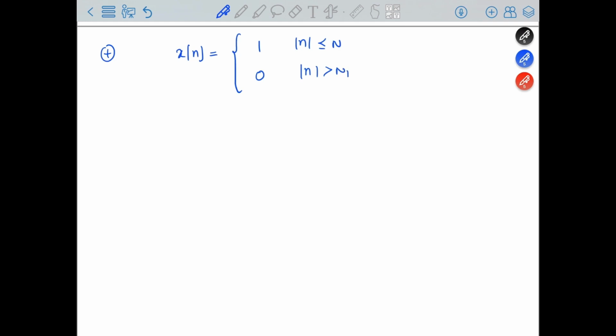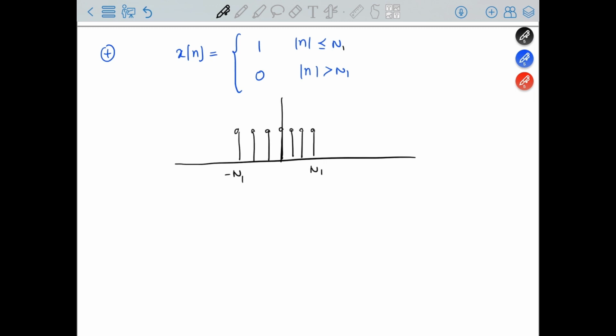Yes, it is analogous to your square pulse. So we can represent this signal as taking a value of 1 from minus n1 to n1. So this is your n1, and for all other values it is 0.